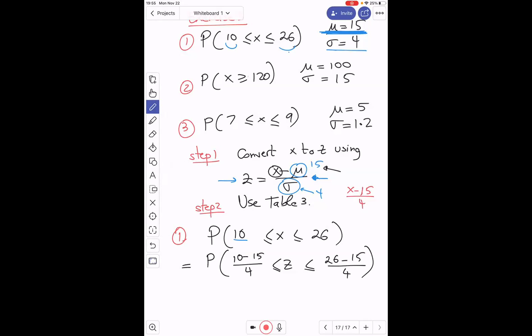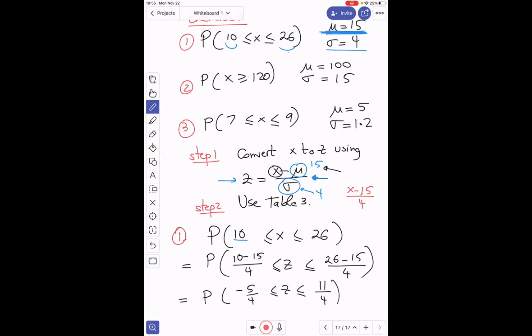So 10 minus 15 is negative 5 over 4, your z, and 26 minus 15 is 11 over 4.